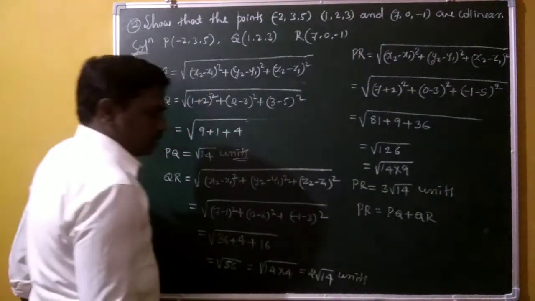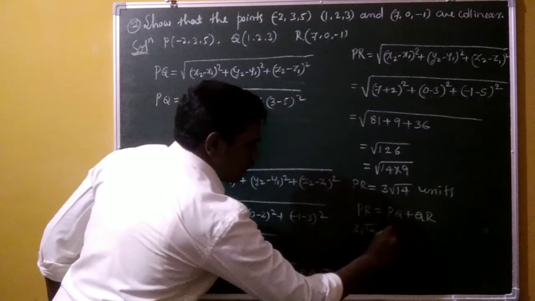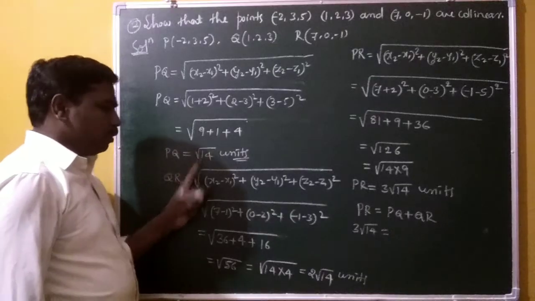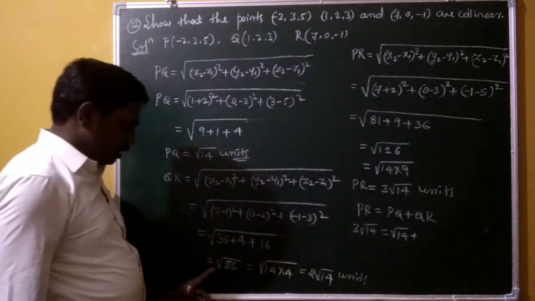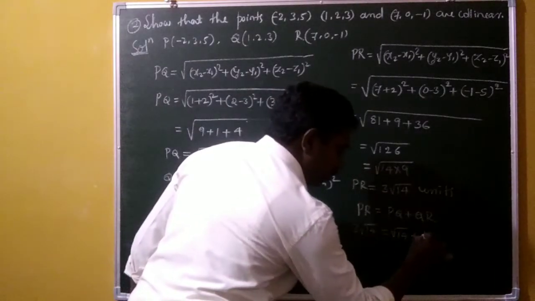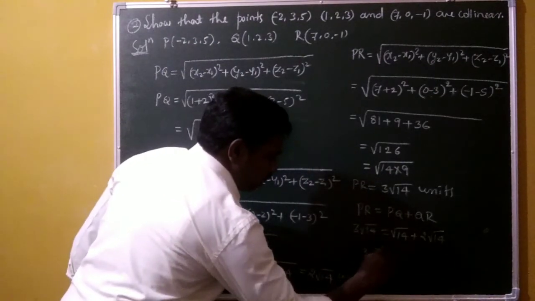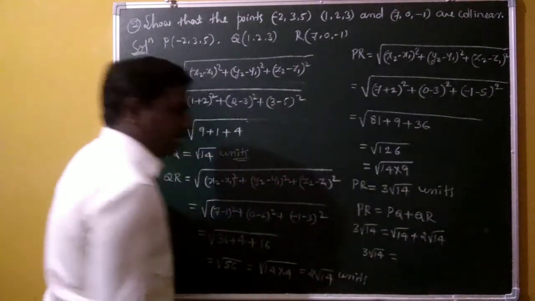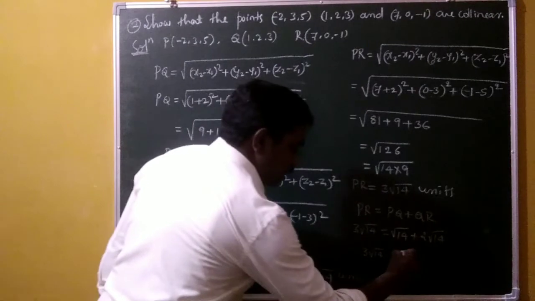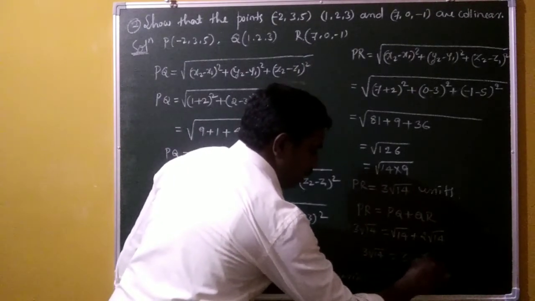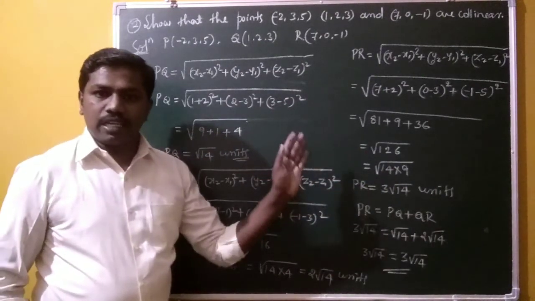The PR distance 3 times root 14 is equal to PQ, which is root 14, plus the QR distance, 2 times root 14. So 3 times root 14 is equal to, here like terms are there. If we add the like terms, we get 3 times root 14. Right? So from this observation, what can we conclude?